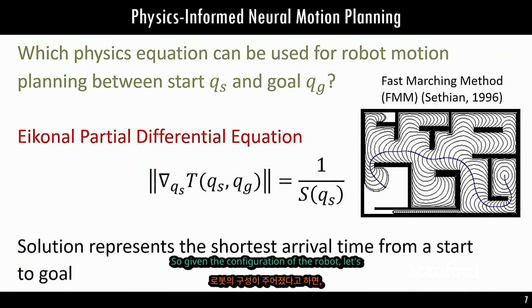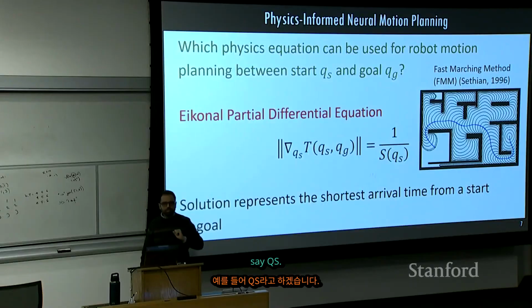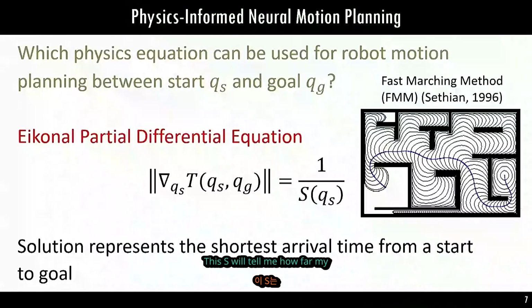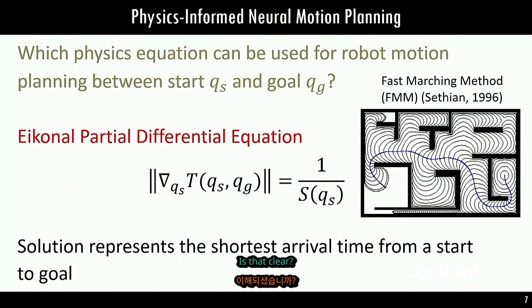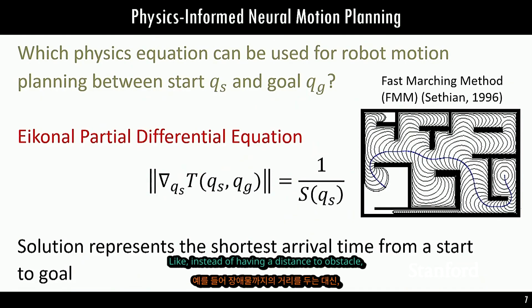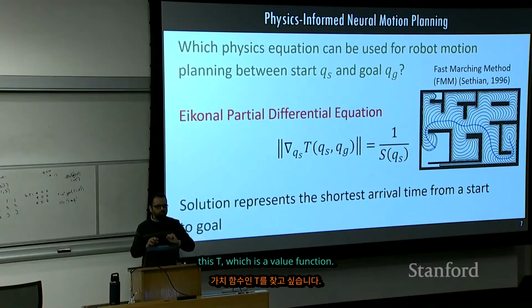Given the configuration of the robot, let's say q, this S will tell me how far my robot is from the nearest obstacle. Is that clear? Or I can even change that constraint to something else, like instead of distance to obstacle, it could be distance to the nearest manifold. It could be a manipulation manifold or something. So this S function is known. I want to solve this PDE to find this T, which is a value function.